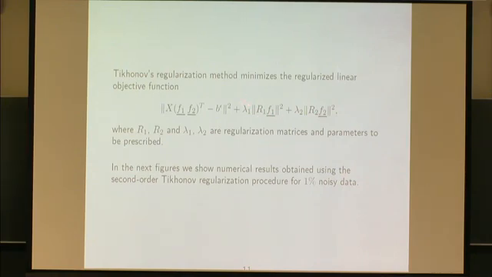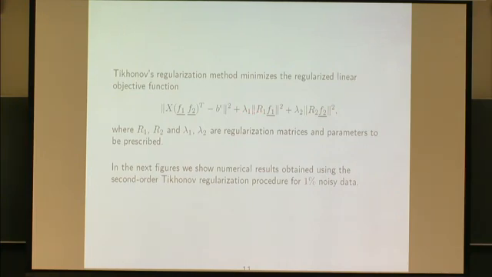The first one penalizes the component f1 of X, and the second one the component f2. R1 and R2 are just some regularization matrices, which can correspond to 0, first and second order, depending on the smoothness required. More importantly, there are these parameters lambda 1 and lambda 2 to determine, which are the regularization parameters.